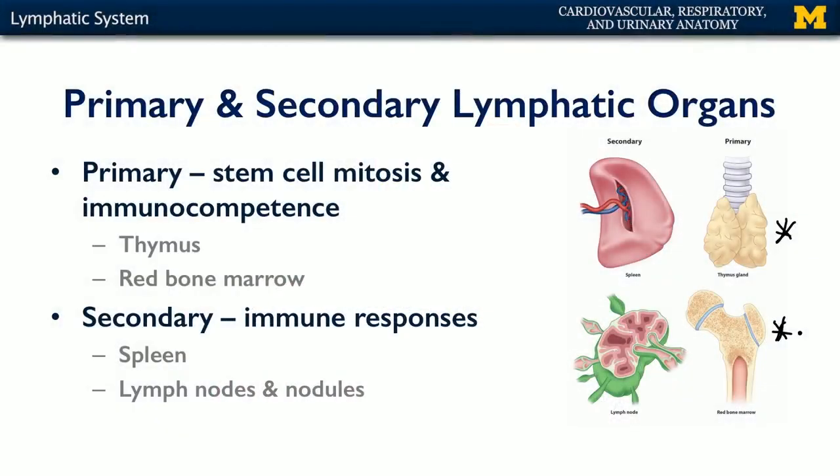And specialized blood cells such as lymphocytes are gaining the ability to recognize antigens and react to them. Secondary lymphatic organs, such as the spleen and lymph nodes and nodules, are simply places where immune responses may be hosted, among other functions.